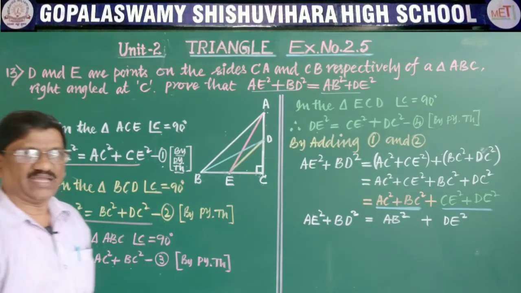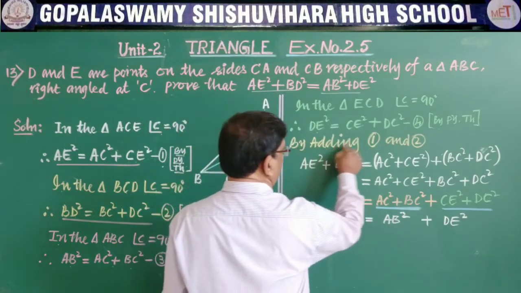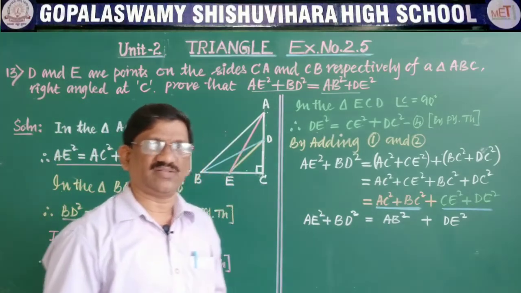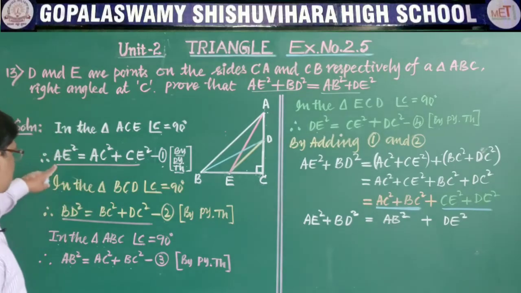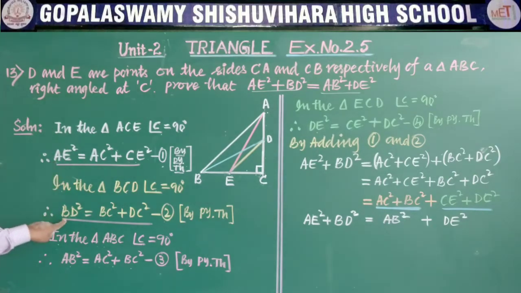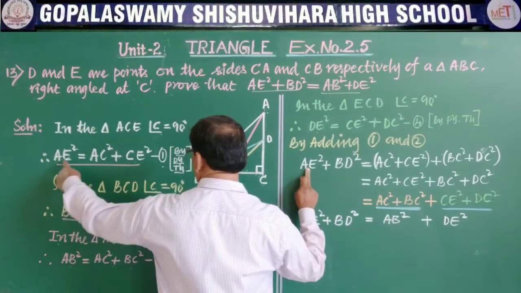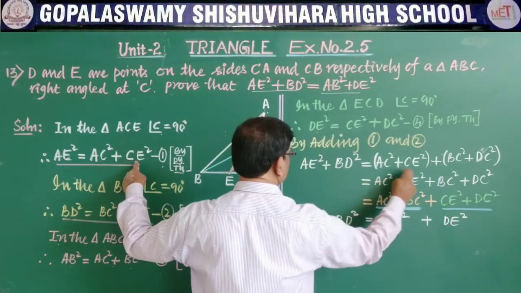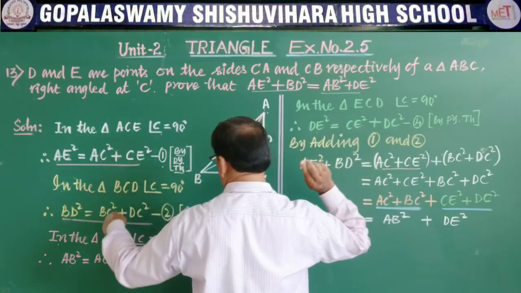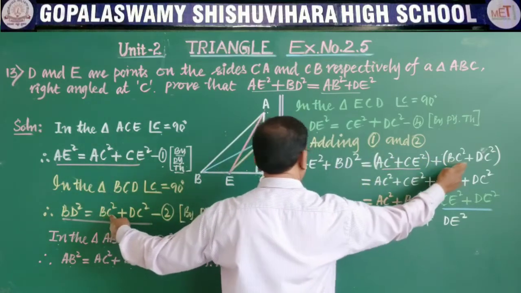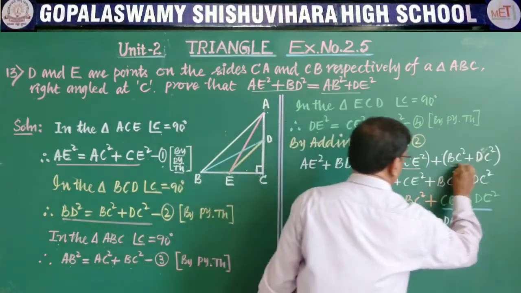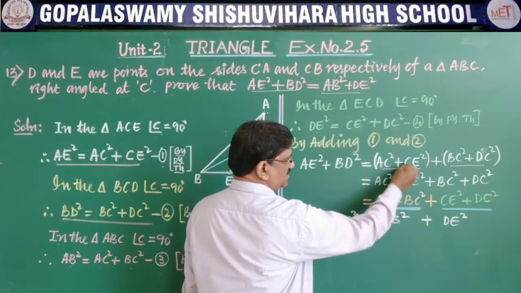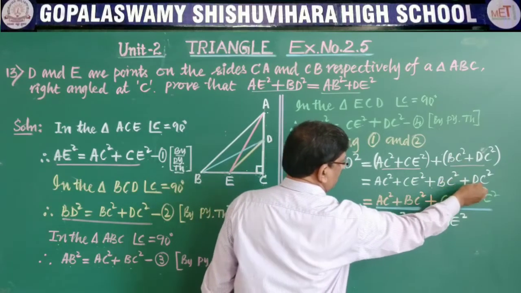By adding equation 1 and 2, right hand side with right hand side, left hand side with left hand side, on the left hand side we have AE square plus BD square, is equal to, on the right hand side, AC square plus CE square plus BC square plus DC square. Now I am opening the bracket here.